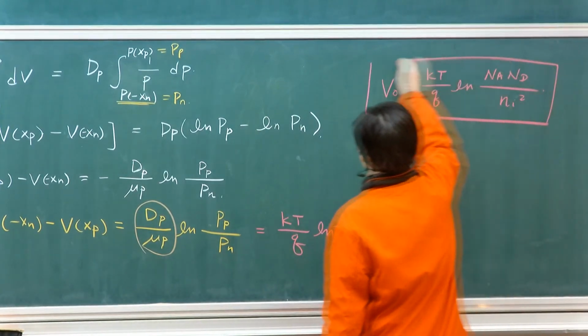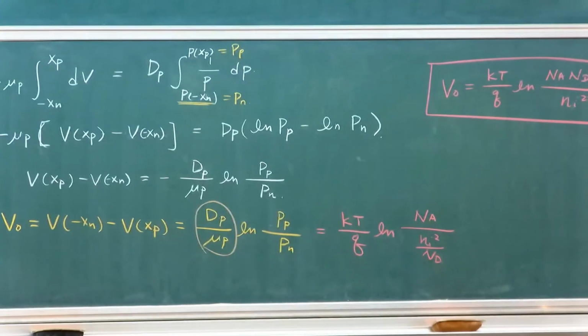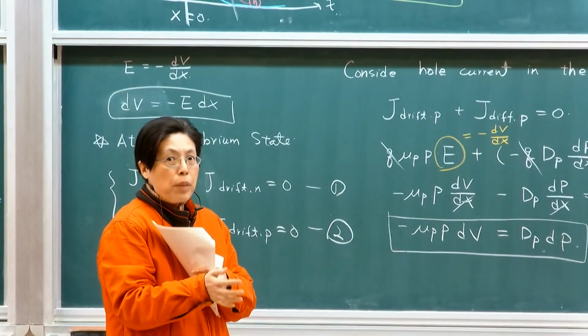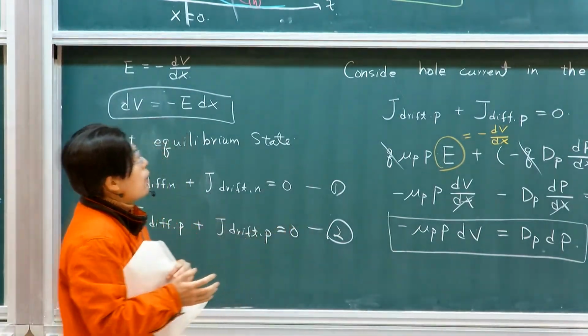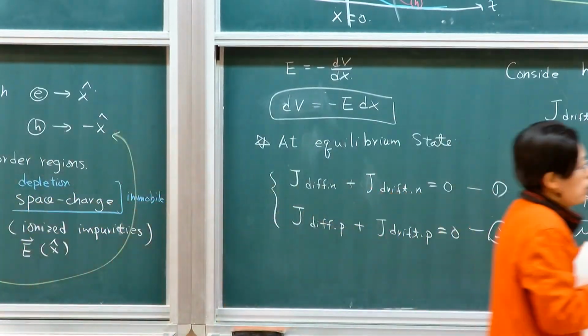I don't know if I write it in red, is it more clear or not as clear? Okay, so this is the first part. We're trying to hit the point that what is its built-in potential? And its built-in potential is being constructed to prevent further diffusion, to counter diffusion force.